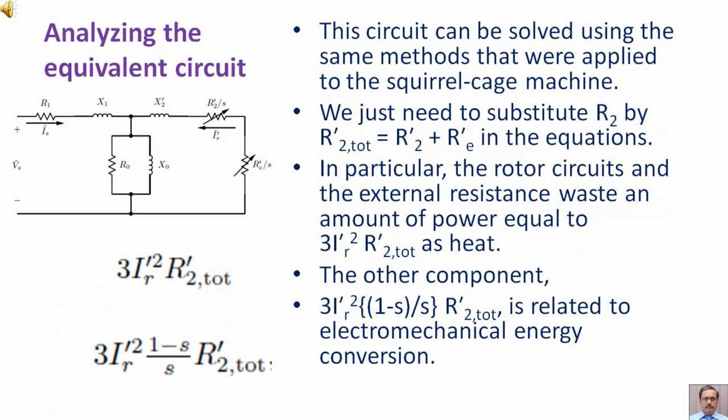This circuit can be solved using the same methods that were applied to the squirrel cage machine. We just need to substitute R_2 by R'_2 total equal to R'_2 plus R'_E in the equations.